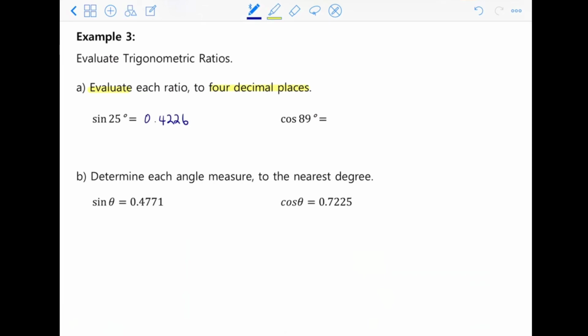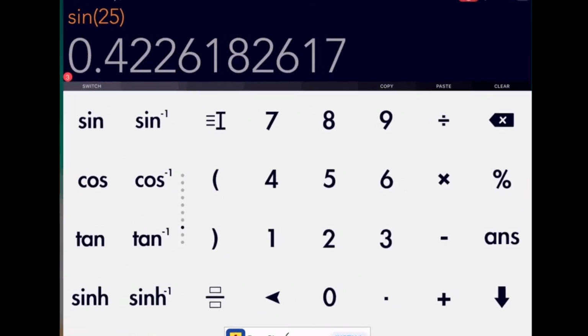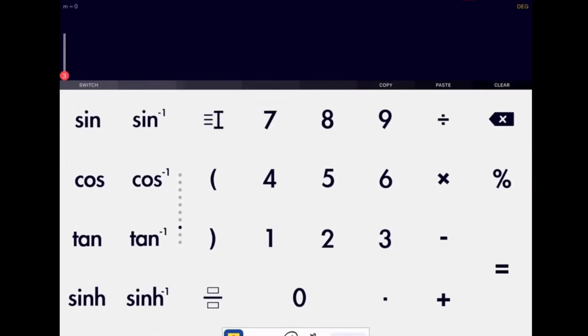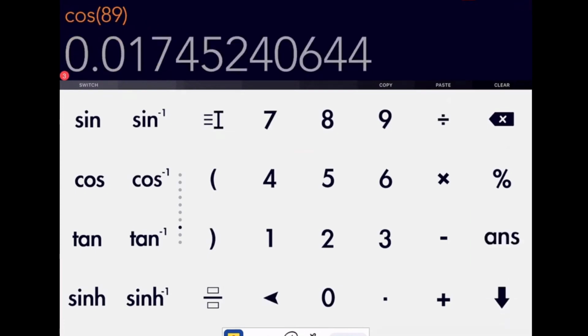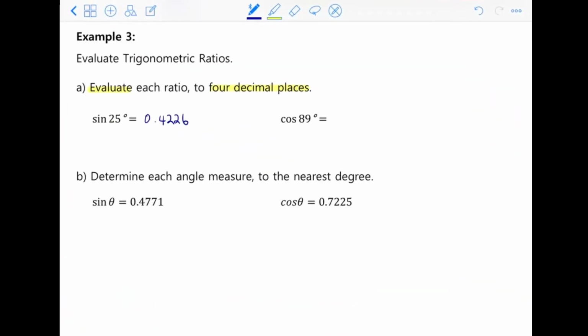And cos of 89 degrees would be cos of 89 equals 0.0175 when you round it. All right, that's pretty easy.